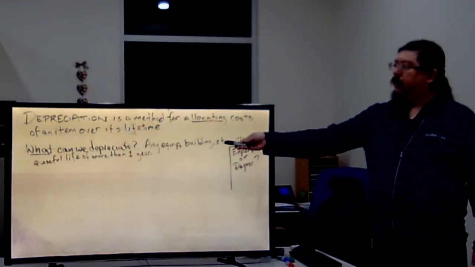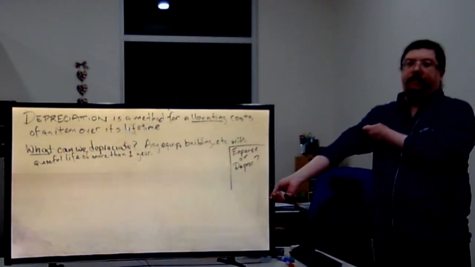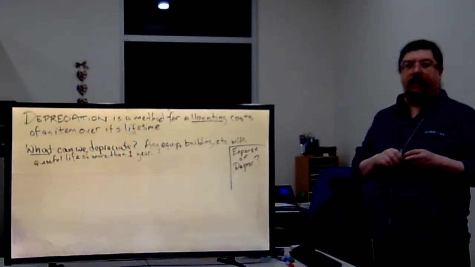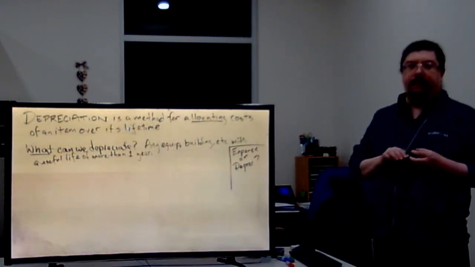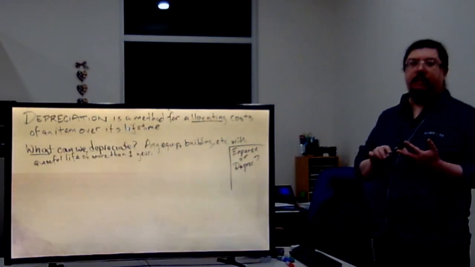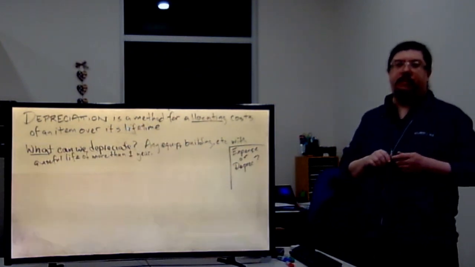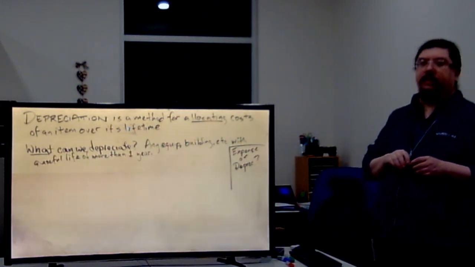The base rule is if it expects to produce value for more than 1 year in your business or other income producing activity, then it should be depreciated. But there are some gray areas and there's some de minimis, or small enough that it really doesn't make that much of a difference. Nobody cares what the difference is.